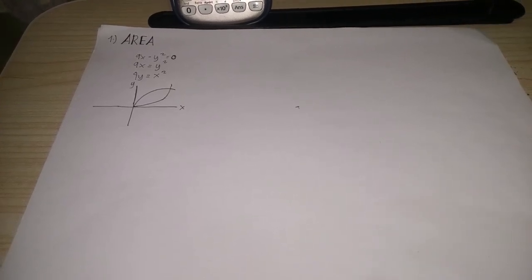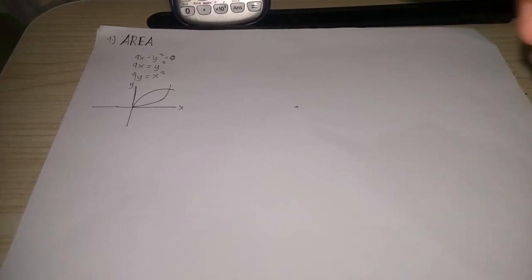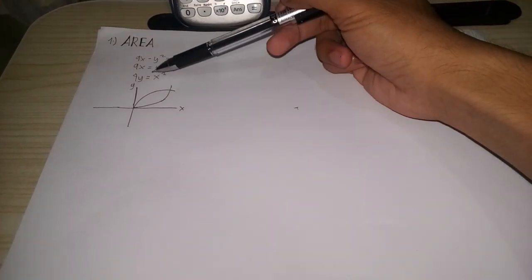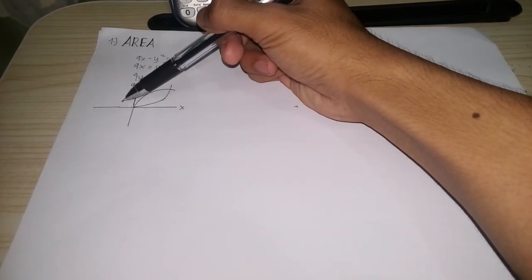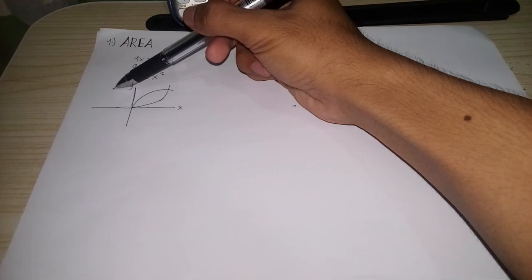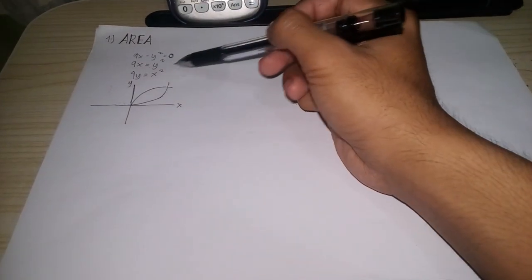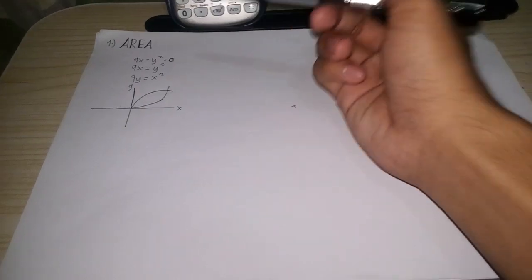We know that in analytic geometry, a parabola opens upward if the equation has an x raised to the power of 2 and its coefficient is positive. So 4y equals x squared opens upward, and that is what this equation looks like when it is graphed.